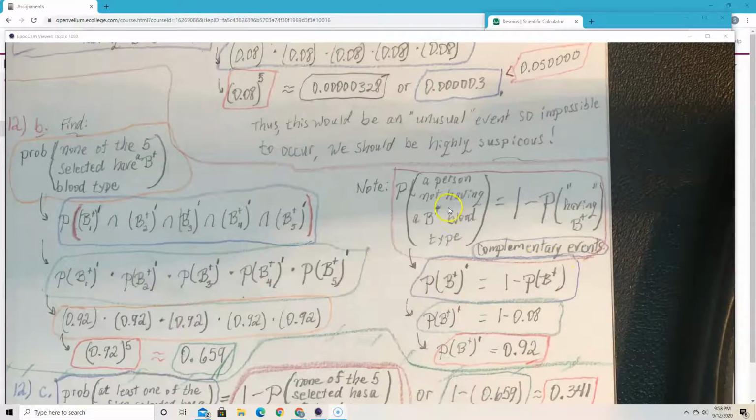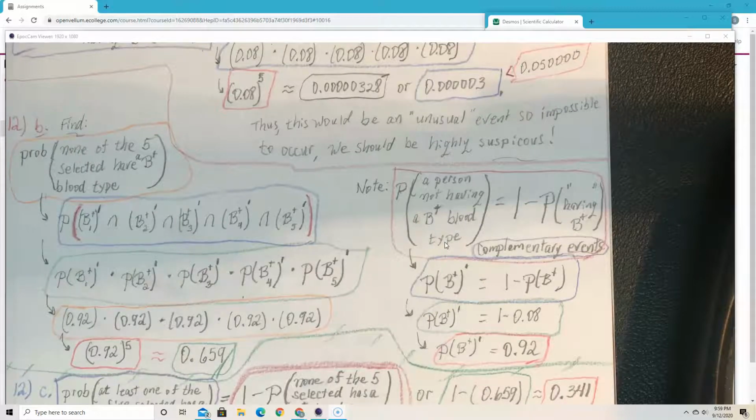And so this probability and this probability have to add up to 1. Another way of saying that is the probability of this one would equal 1 minus the probability of the complement of this. Or more specifically, the probability of a randomly selected person not having a B positive blood type.